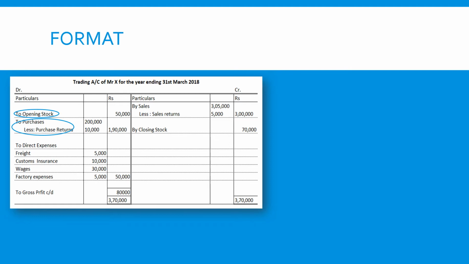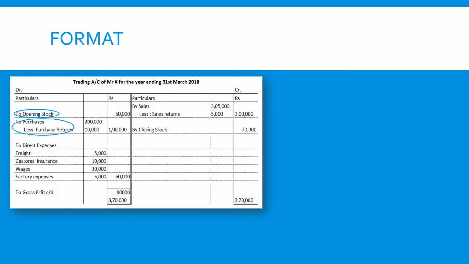Now what is this, the less purchases I'm showing here. Less purchases means, supposing you are into a merchandising business and you ordered some stock. Like if you go to stores, Dussehra stock, Diwali stock, New Year stock, right? These shops keep telling you about this stock, that stock, and offers will be coming.